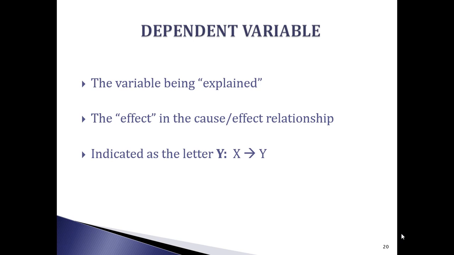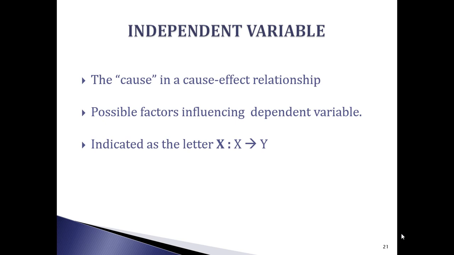In x and y relationship, x affects y. In this case, y is the dependent variable. Independent variable is the one on which dependent variable depends, and the variable which affects dependent variable or the variable which explains dependent variable is known as independent variable.